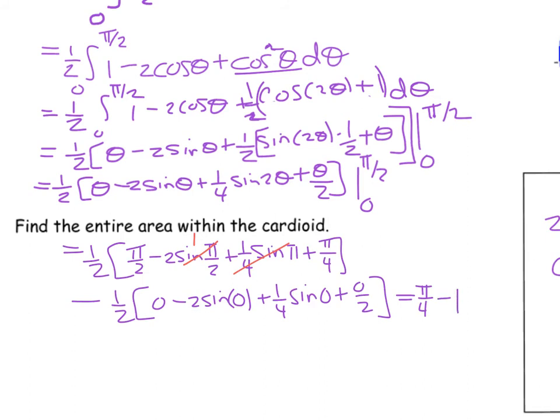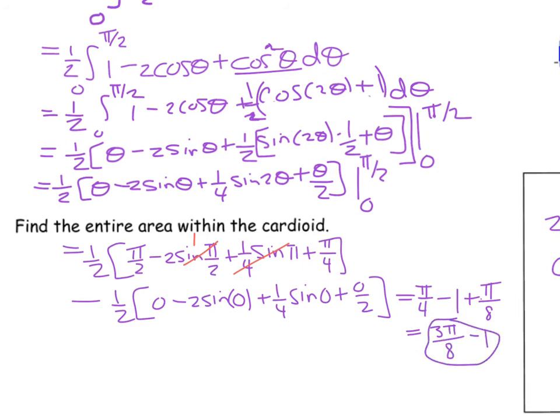So minus 1, and then 1/2 times pi over 4 is pi over 8. Plus pi over 8. And if you combine pi over 4 and pi over 8, getting a common denominator, that becomes 3 pi over 8 minus 1.